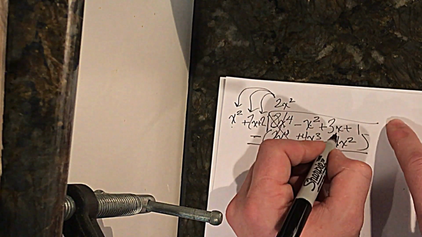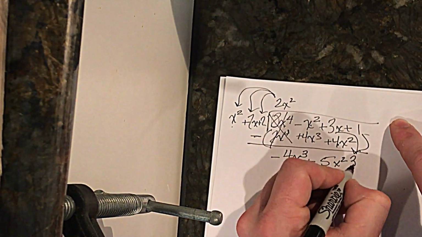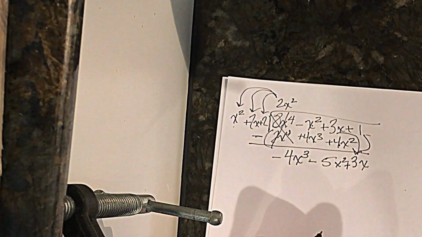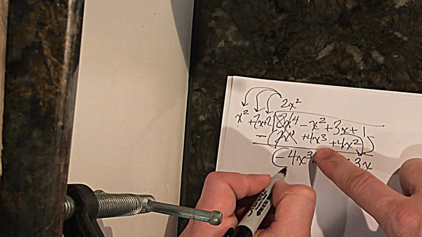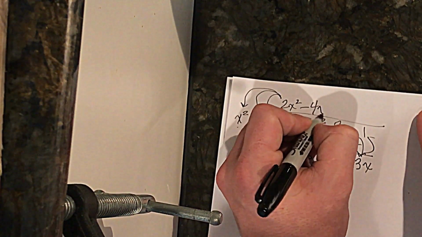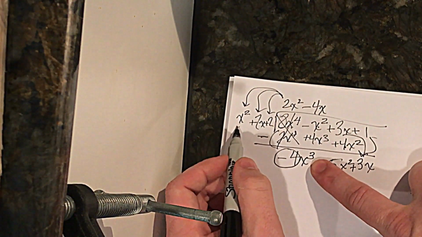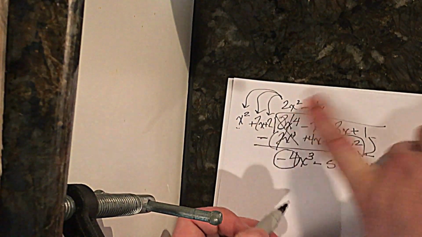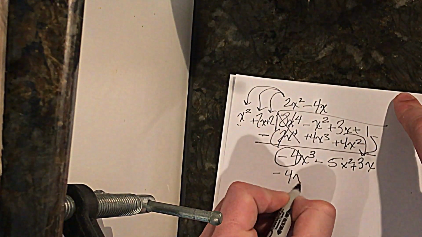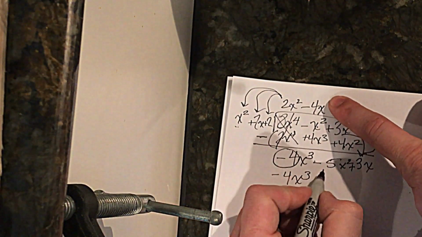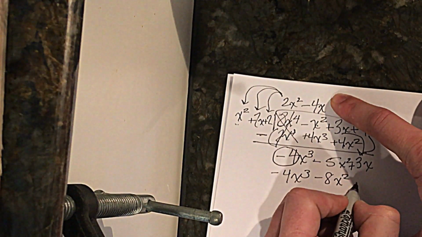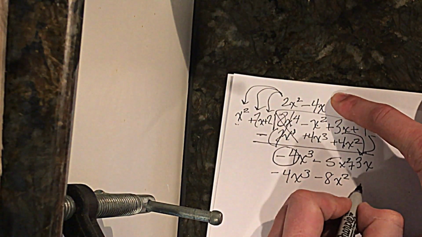Now we'll bring down this 3x. And we're ready to write our leading coefficient at the top. X cubed divided by x squared is x. So negative 4x times x squared is negative 4x cubed. And then negative 8x squared, negative 8x.